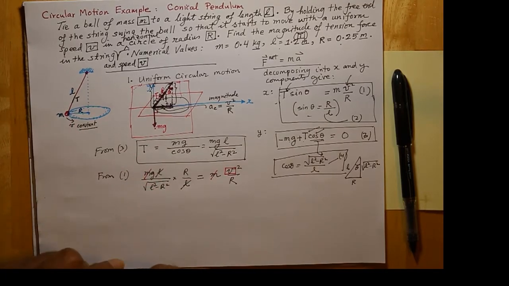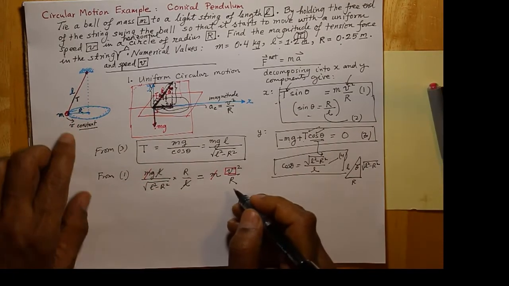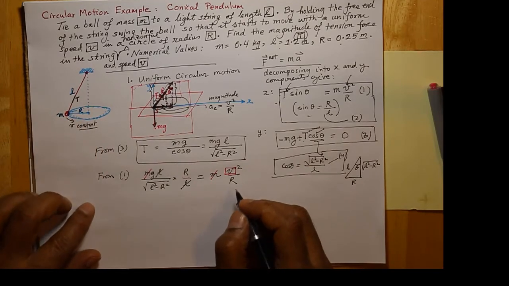So a different size ball will have the same speed as long as they go in the same circle.